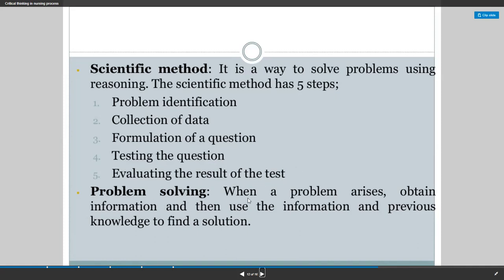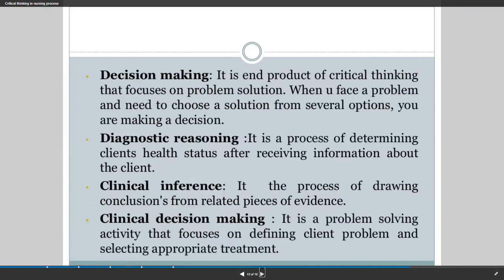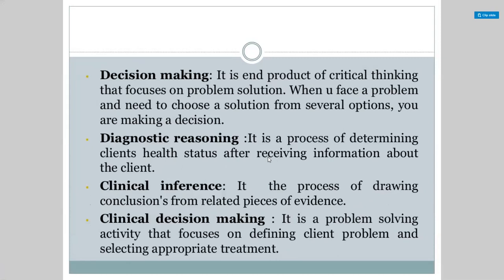Then problem solving: when a problem arises, obtain information and then use the information and previous knowledge to find the solution. Decision making is the end product of critical thinking that focuses on problem solution. When you face a problem and need to choose a solution from several options, you are making a decision. From different options, you have to decide which is right for that particular person.